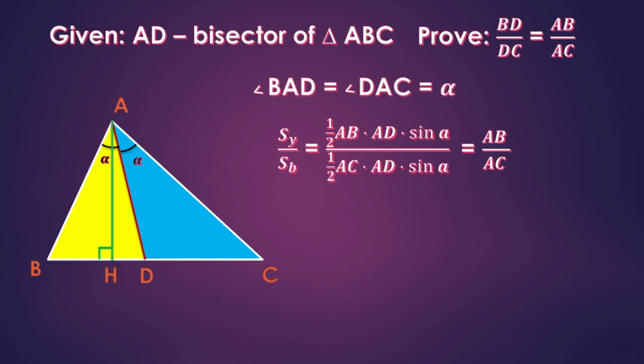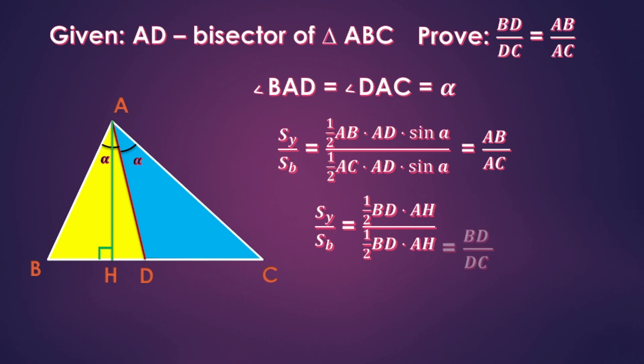We draw the height AH to the side BC and compare the same ratio, but now we will look for the areas of these triangles through the height AH and the side to which it is drawn. So we got that in the second case, the ratio of the areas of the yellow and blue triangles will be equal to BD divided by DC.